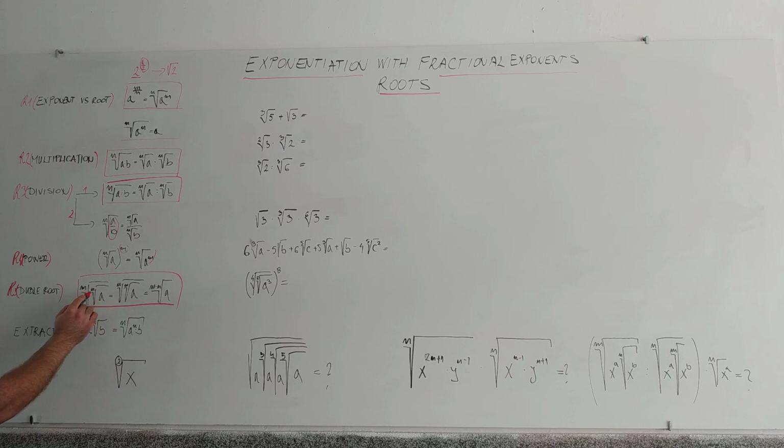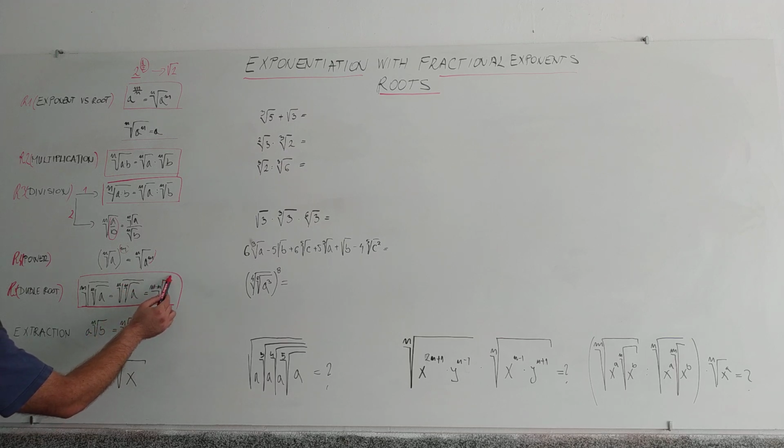M root from n root from a is equal to n root from m root from a. These 2 roots can change places and we can construct only one root, that is m multiplied by n or n multiplied by m.